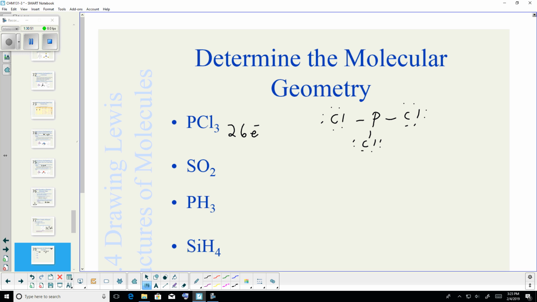Put them on the P. How many things are on the phosphorus? 4. 1, 2, 3, 4. One of them's a lone pair. So even though electronically it's tetrahedral, what's its shape? 4 things, 1 lone pair. So it'd be 3 bonded, 1 lone pair. Trigonal pyramidal.